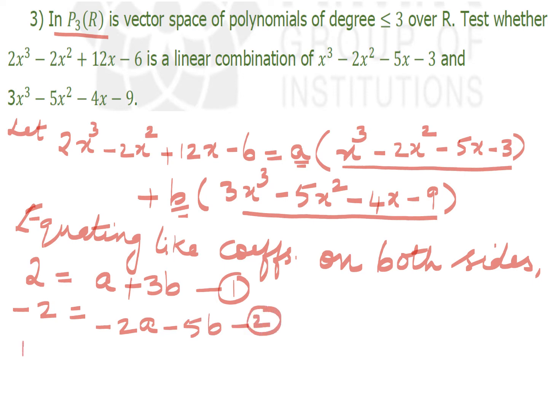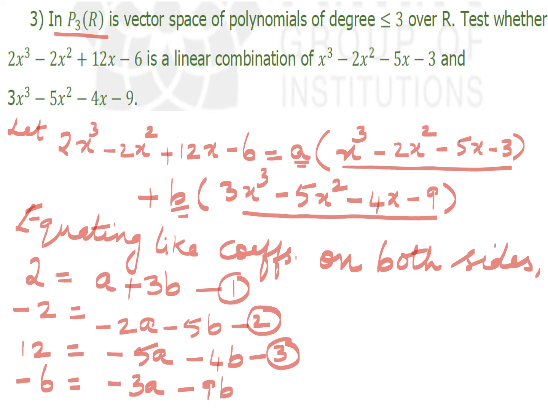The x coefficient: left hand side 12, right hand side minus 5a minus 4b. Finally the constants on both sides: minus 6 here, whereas it is minus 3a and minus 9b.